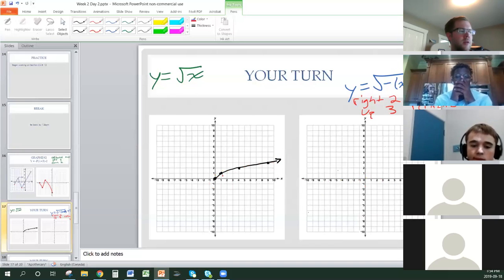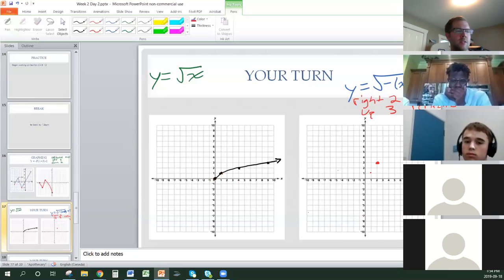So 0, 0, when you reflect it over the y-axis, it just remains 0, 0. Then when you move it right 2, and up 3, that is your new transformed coordinate. Then if you start off at 1, 1, and you reflect it over the y-axis, it becomes negative 1, 1.